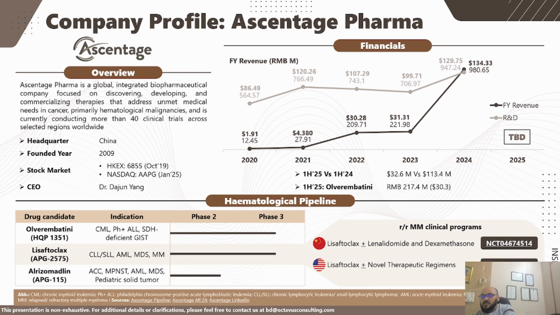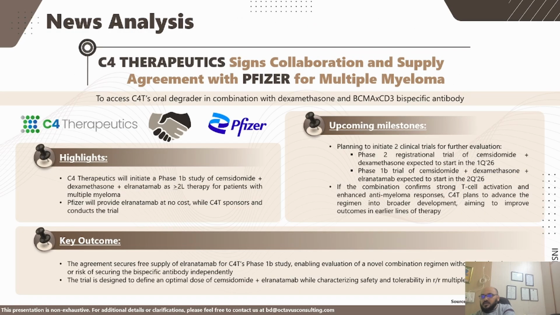They are assessing other molecules in various other oncology indications, solid GISTs, CMLs, CLLs, and all, which you can see in the pipeline. It's a China headquartered company. So again, that's what the trend is talking about.